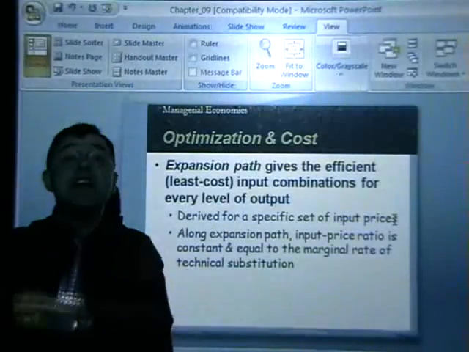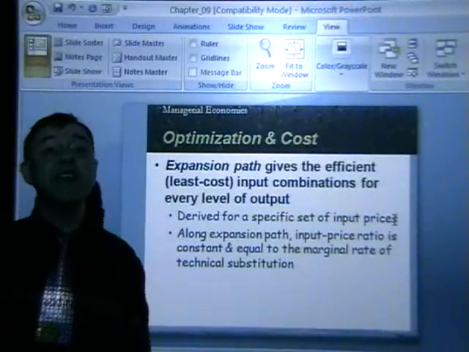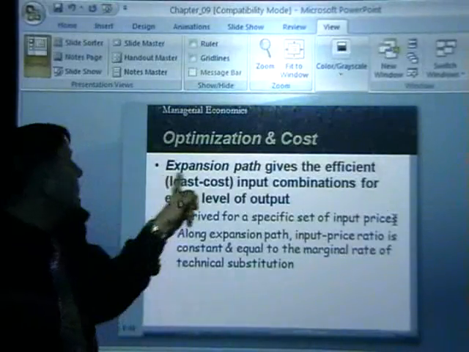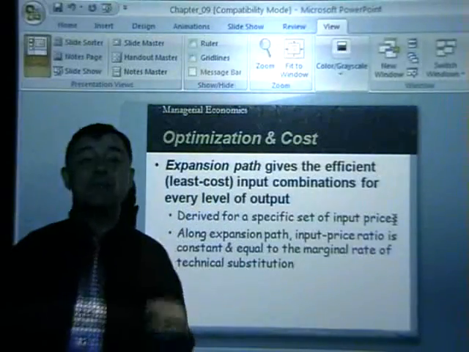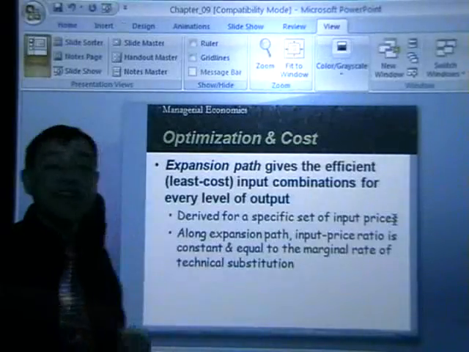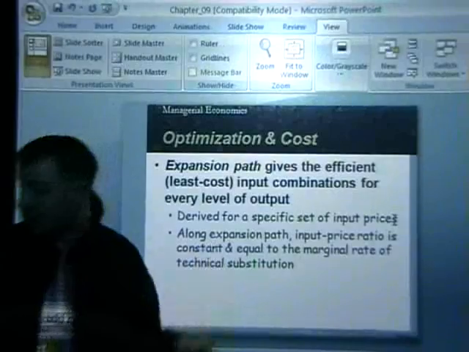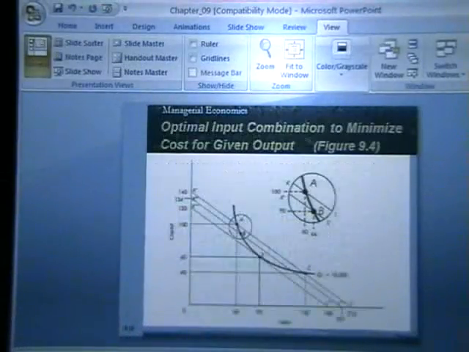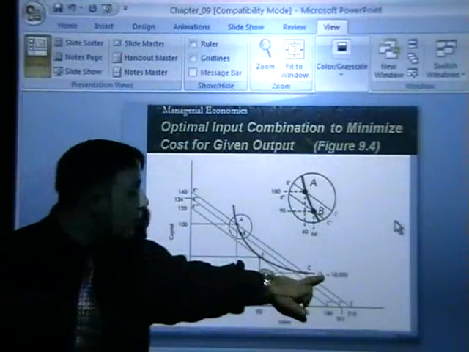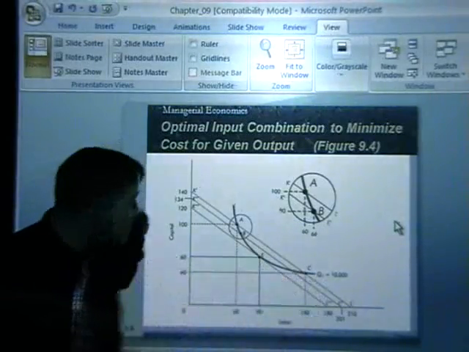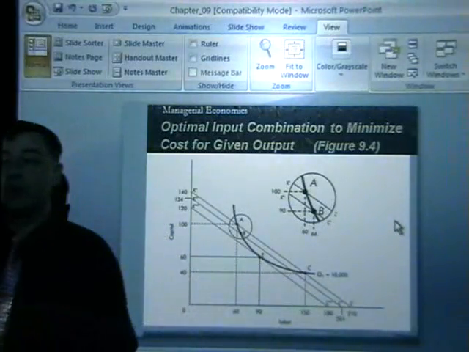Alright, so now we're getting to the next concept, which is the expansion path. And the expansion path is the extension of the previous concept. If you wanted the quantity to be 10,000, E is the optimal point.